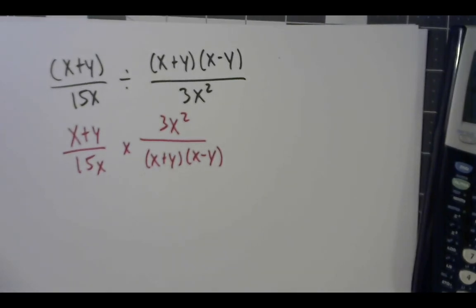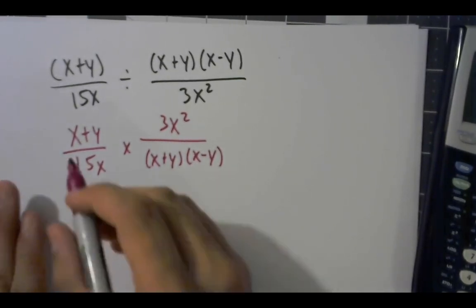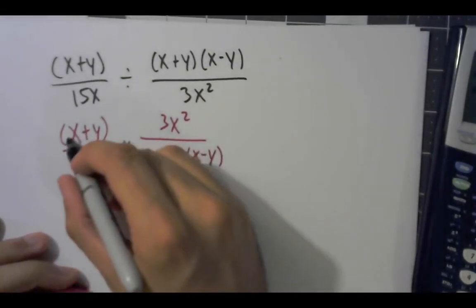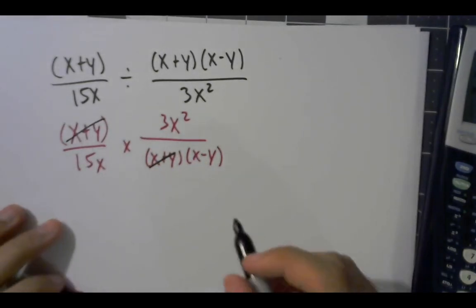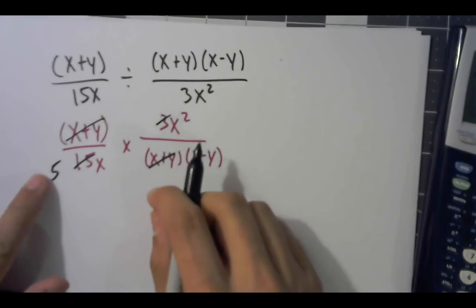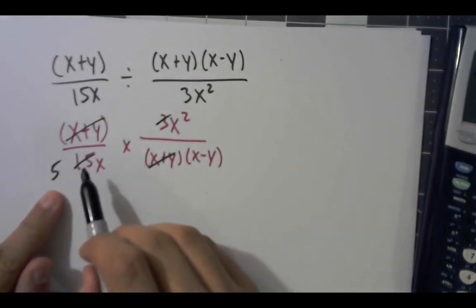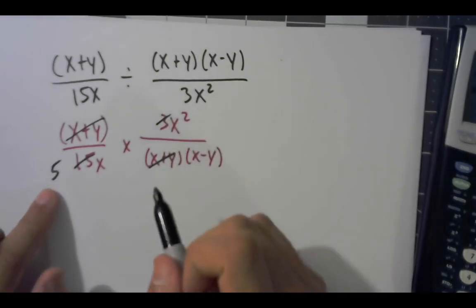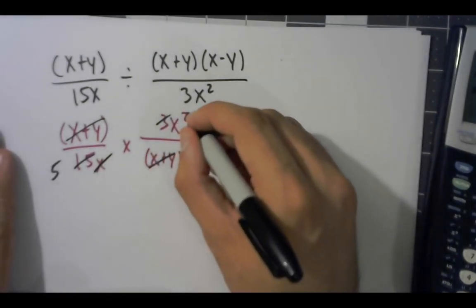All right, once I'm here, I actually have some things I can cancel. I have an x plus y that's going to cancel. I have a 3 and a 15, and I'll leave a 5. And the 5 is going to be down here because the 15 is bigger than 3. It's left over down here, not up here. I have x and x squared.